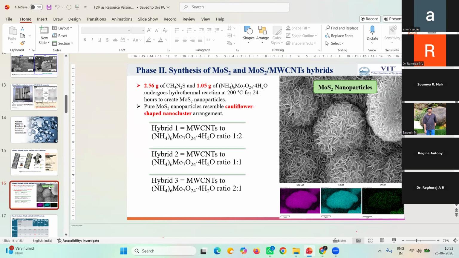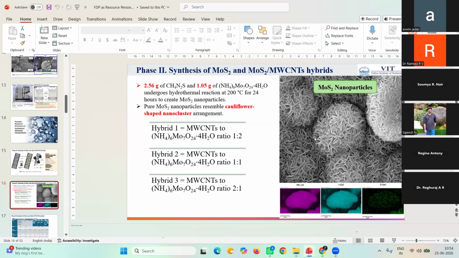You just mix the two chemicals, put it in an autoclave, do a hydrothermal reaction at 200 degrees Celsius for 24 hours, and you will get this. So I am thinking about an in situ reaction.